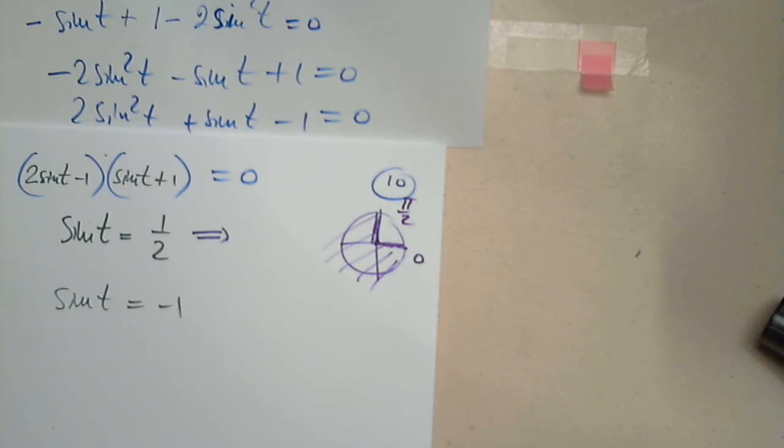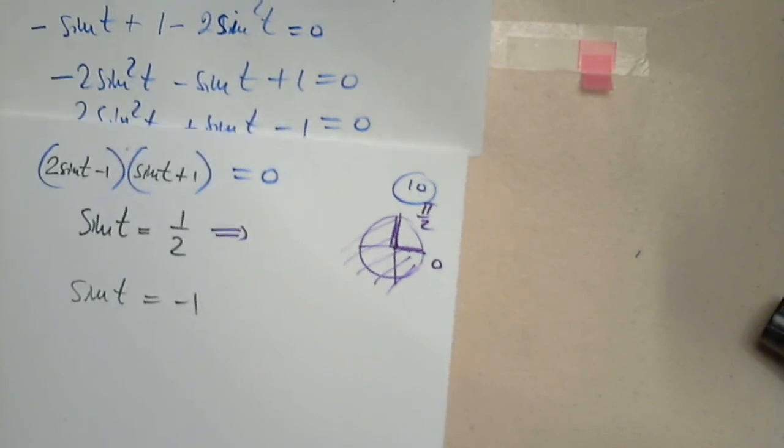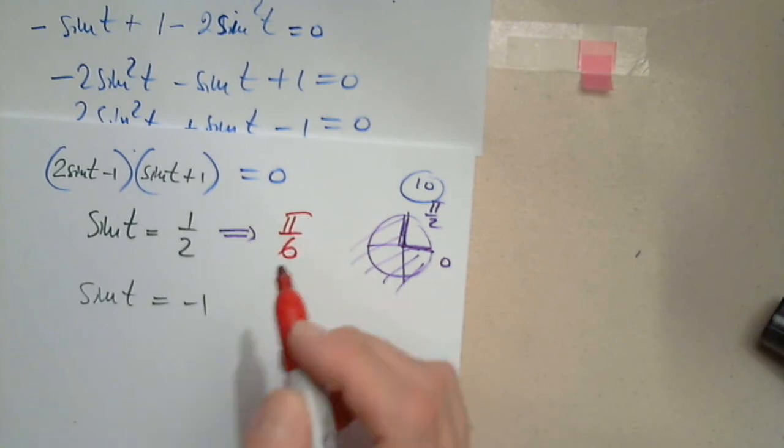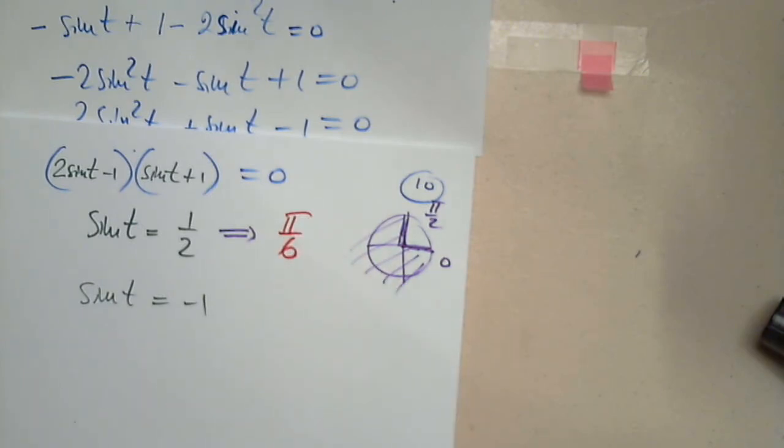Is there an angle in the first quadrant whose sine is 1/2? Pi over 6. Very good. Thank you very much. I'm going back.